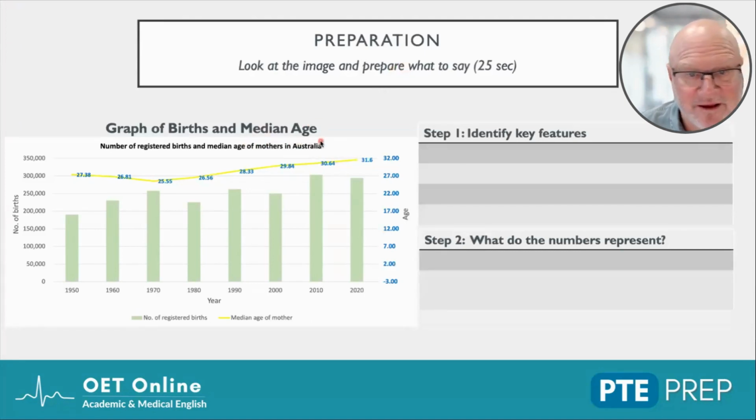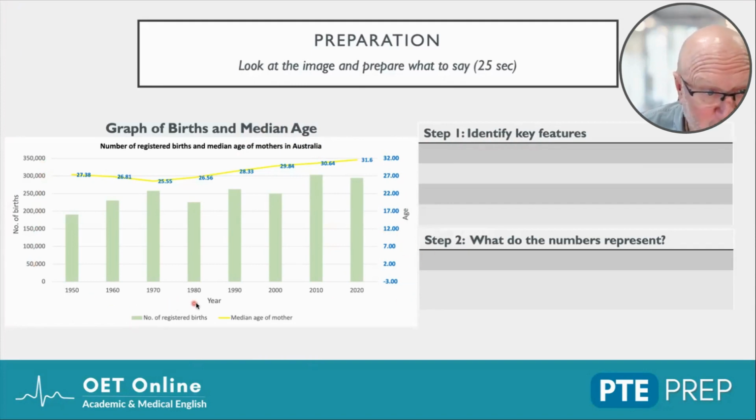So we've got some graphical information here, and your first step is to identify the key features. So have a look at this now. Let's see what we can bring up. We can see on the left-hand side, we have numbers of births. We can see on the right, we have age.